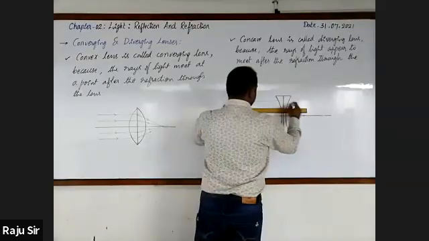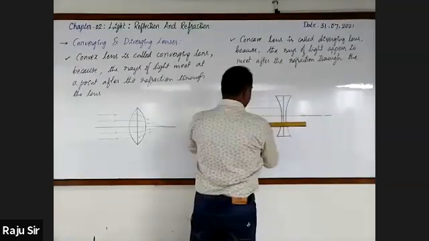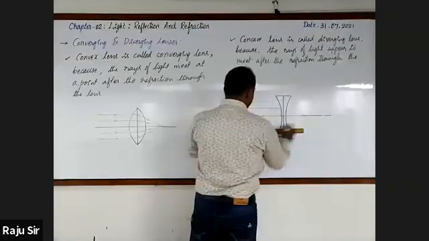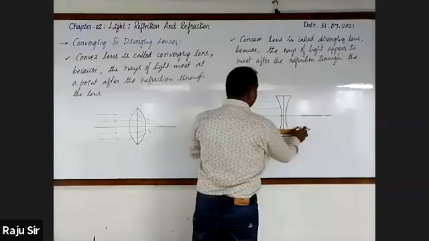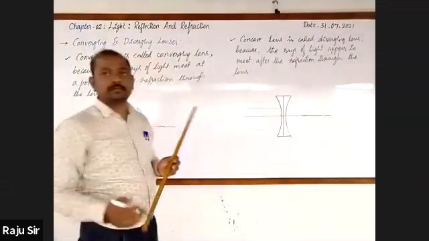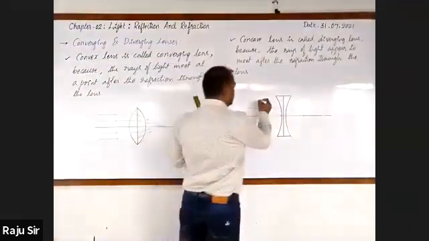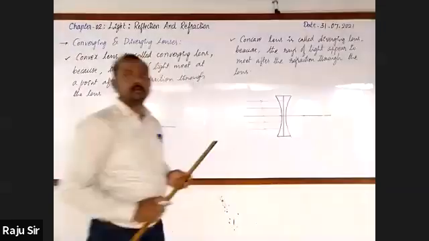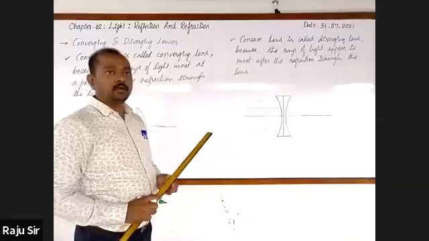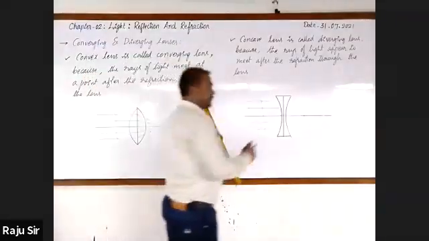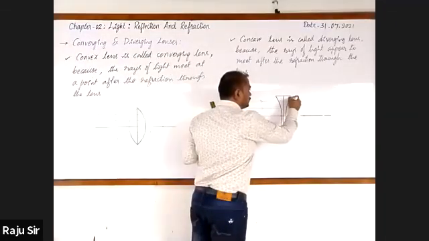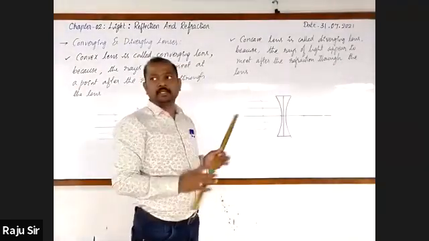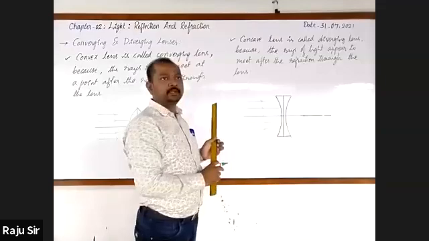Now draw the rays of light coming from the object or coming from the source incident on the lens. We all know that these rays undergo refraction and the refracted rays diverge from each other. They start moving away from each other.